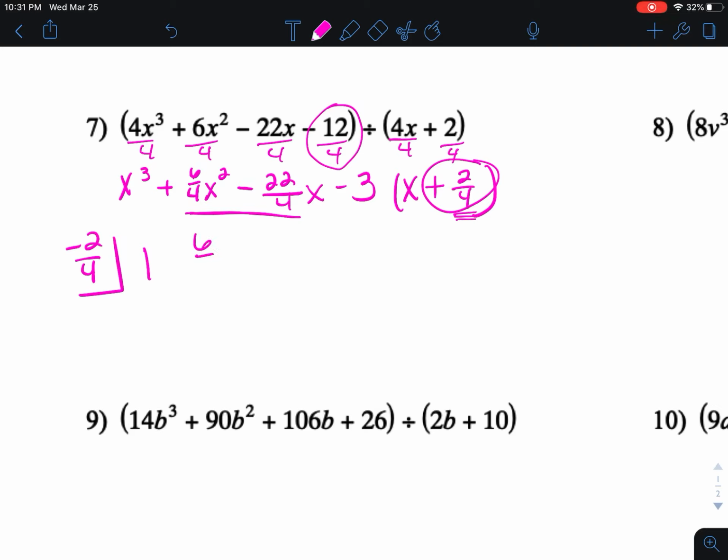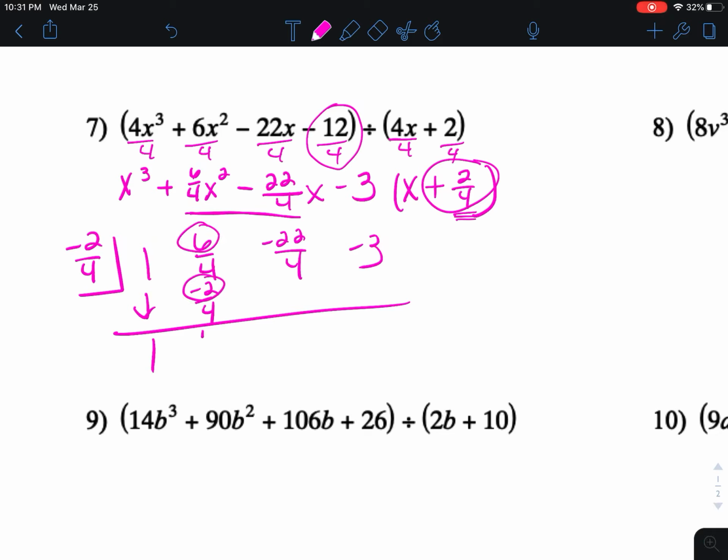And then we're just going to write down all of our coefficients here. Leave some space, line. First one comes straight down. So we have -2/4. So again, all we're going to do is we're going to add the top number. So that gives me 4 over 4, which is just 1. And then this would be -2 over 4. So -22 plus 2 gives me -24 over 4, which is -6.